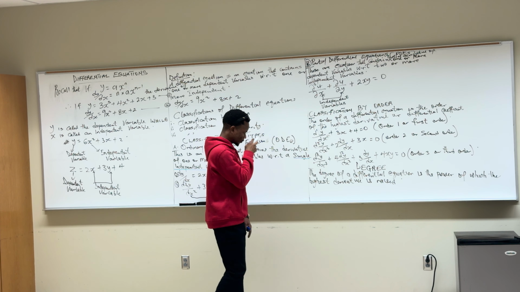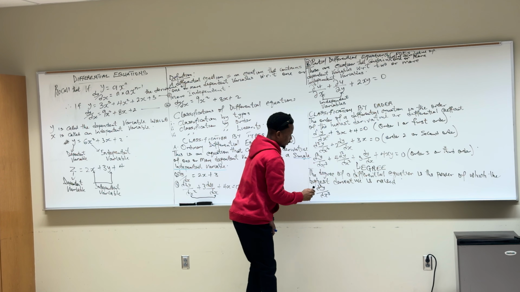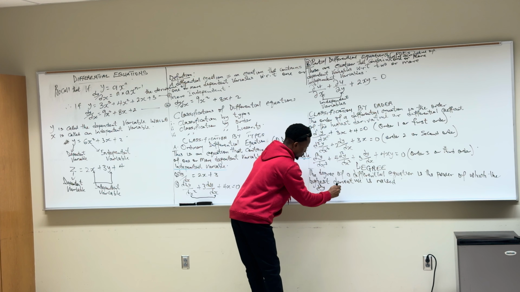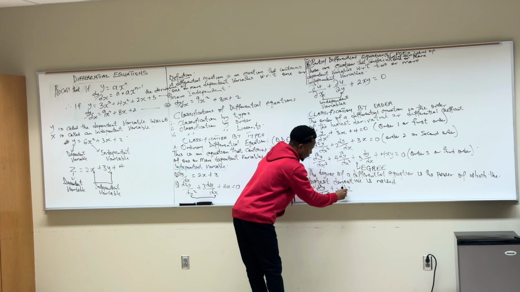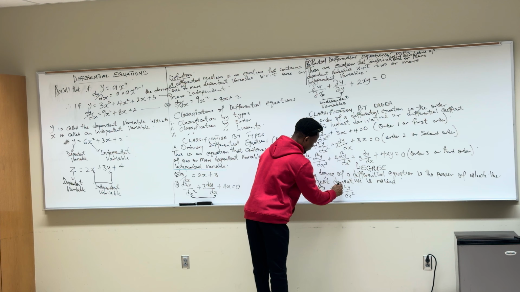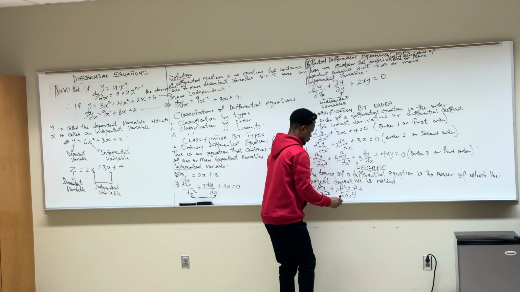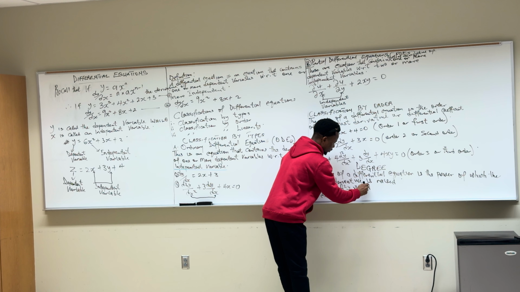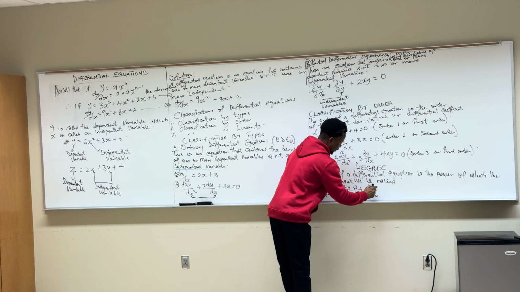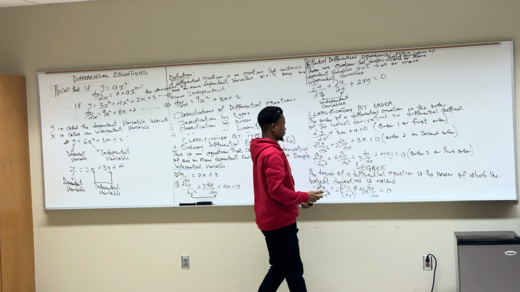For example, we have d³y/dx³ plus 2 d²y/dx², let's say this is power 3, plus dy/dx equals 0.